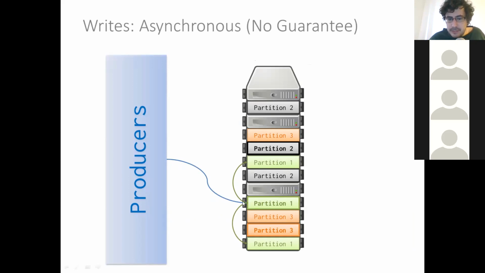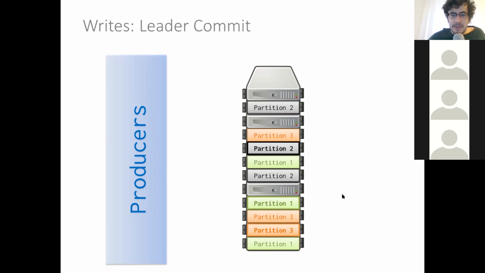The message will be received by the leader of partition 1, and that's it. The producer doesn't wait for any acknowledgement. It just sends the request to send this to partition 1, and assumes that the write is successful. So this is the lowest guarantee, we could say.